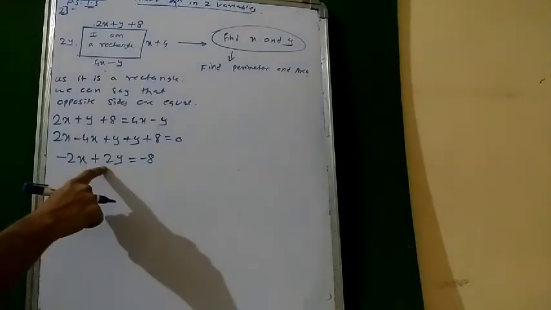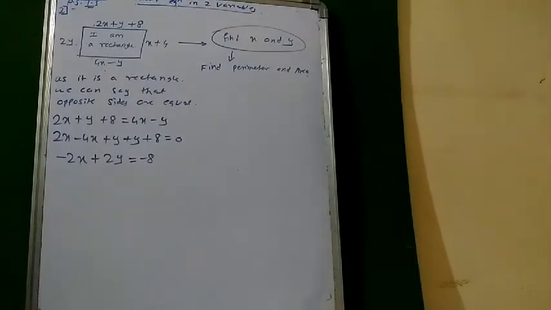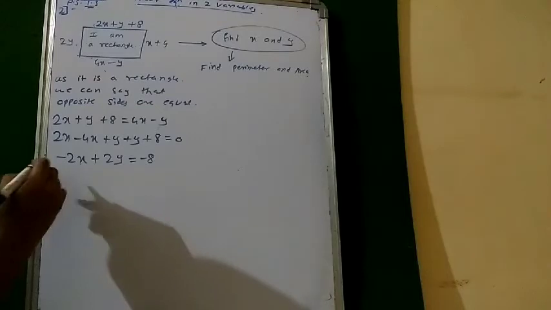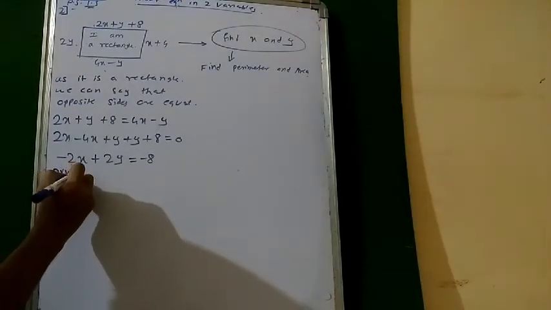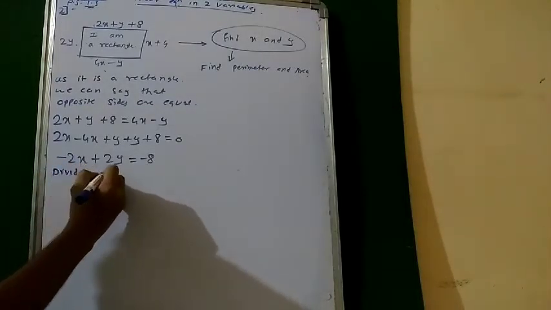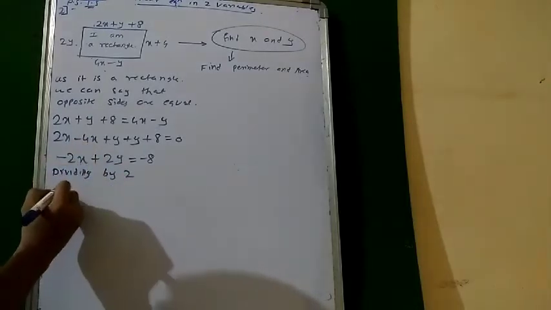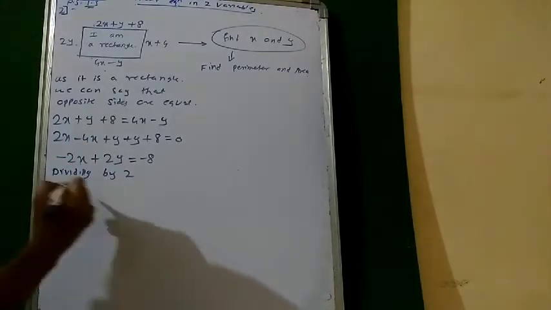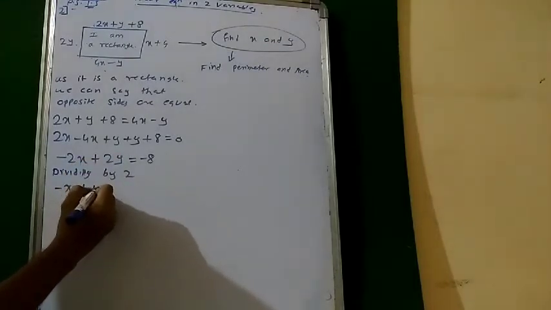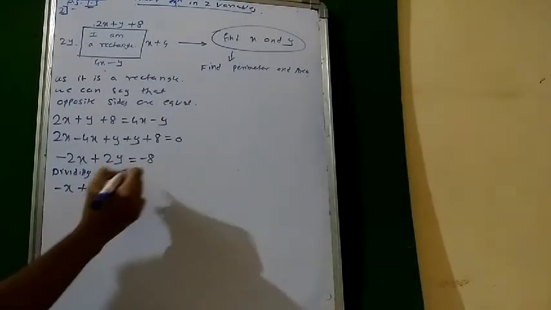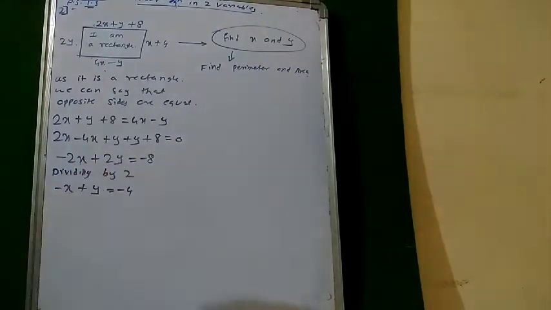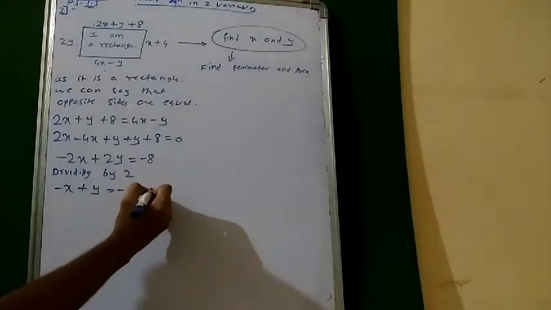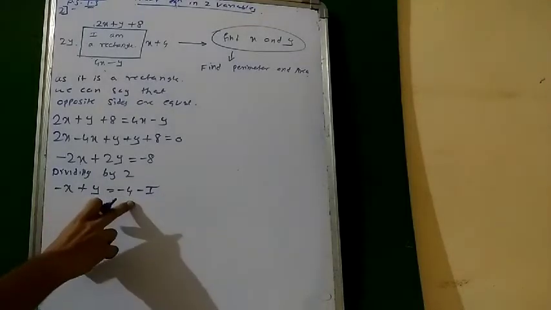Each and every term is divisible by 2, so we will divide by 2. Dividing by 2, we will have minus x, 2 upon 2 is 1, so we will have y, and 8 divided by 2 is 4. So we have the first equation as minus x plus y is equal to 4.